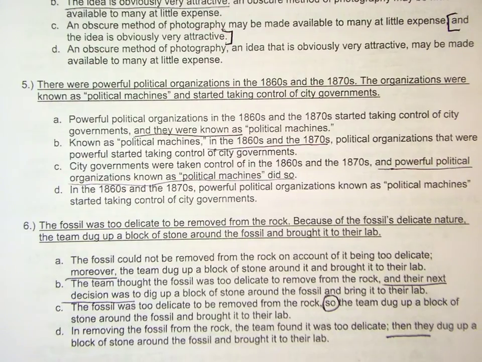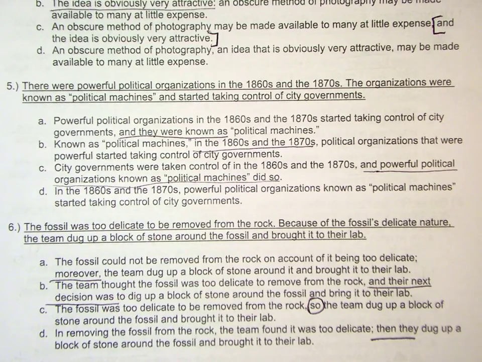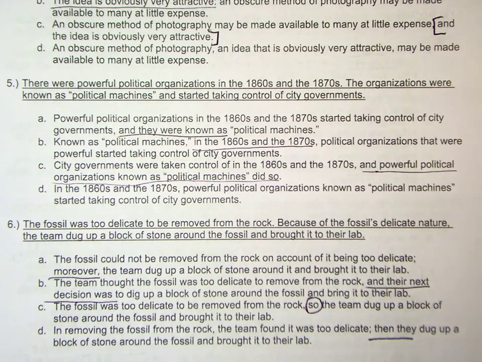Number five. The last one here is the best way to combine these two sentences. For letter A, "and they were known as" is not as concise. And for letter B, this appositive, "in the 1860s and the 1870s," does not modify political machines.